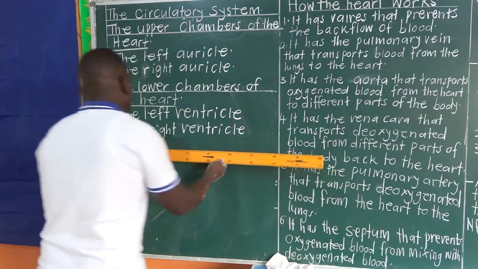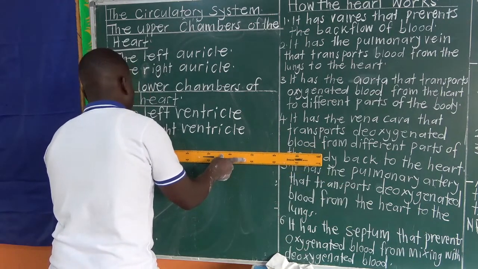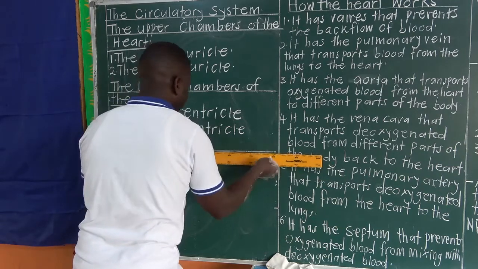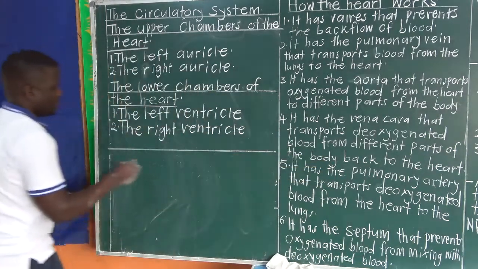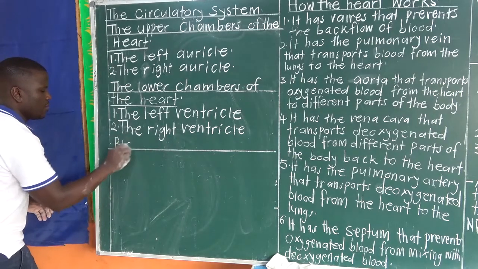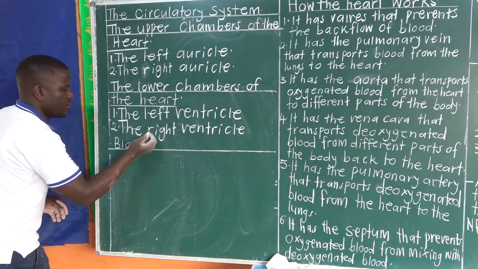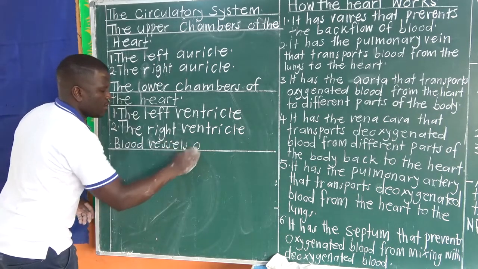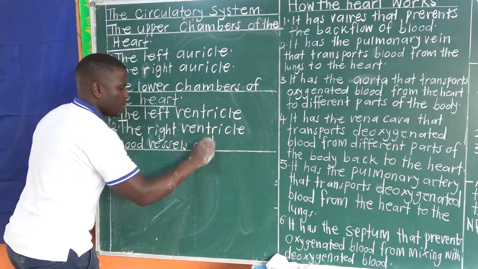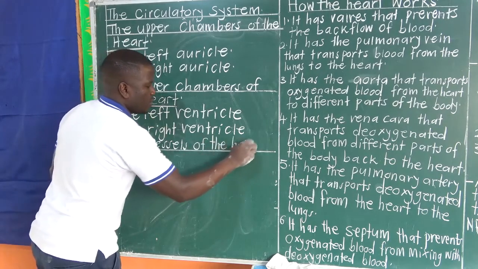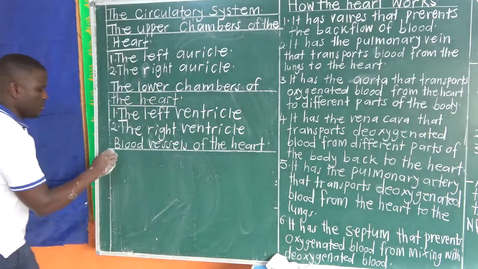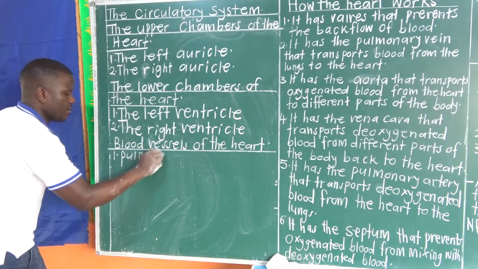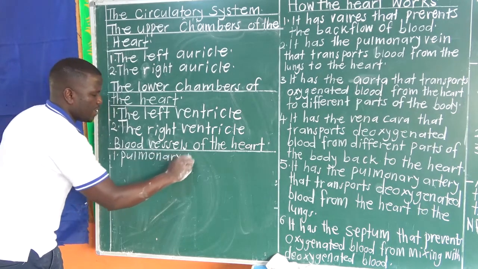Then we have blood vessels that are connected to the heart. One, we have the pulmonary vein.